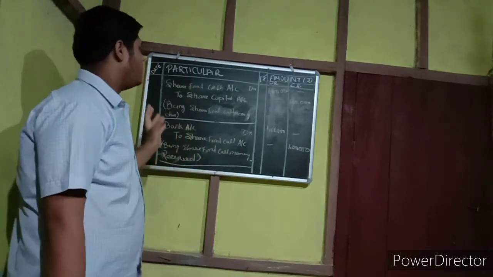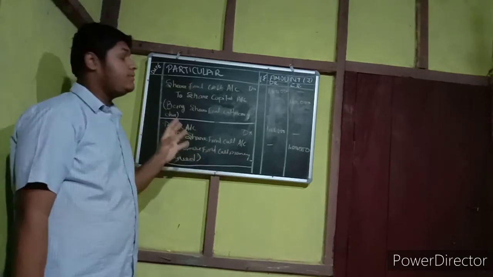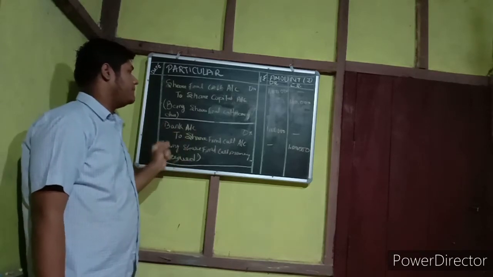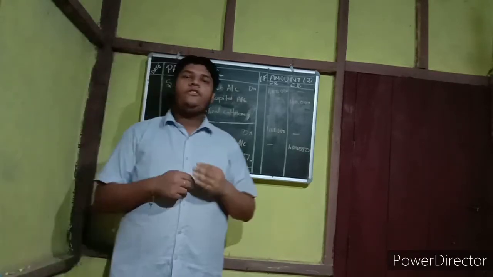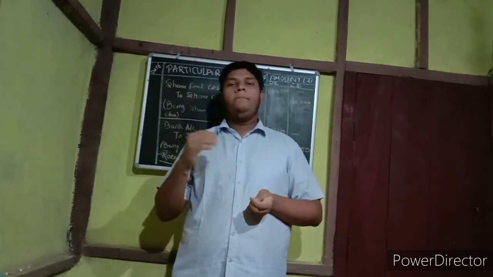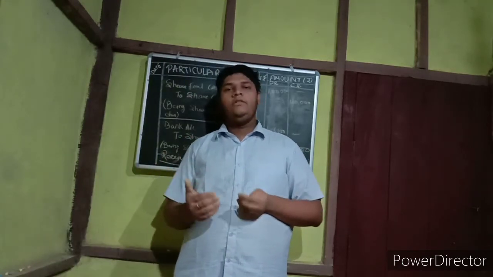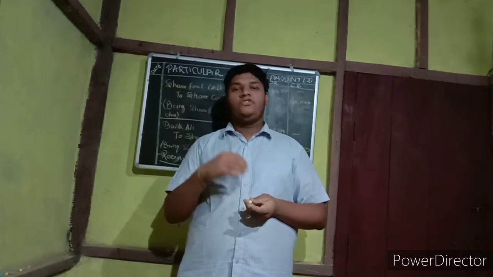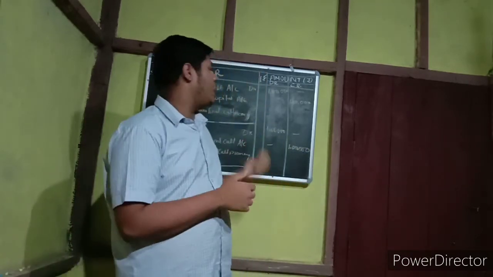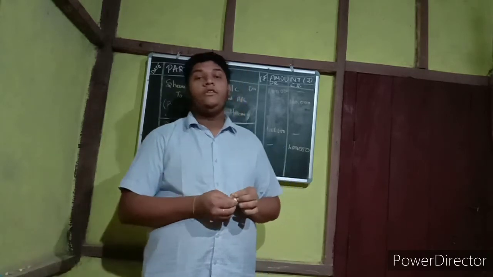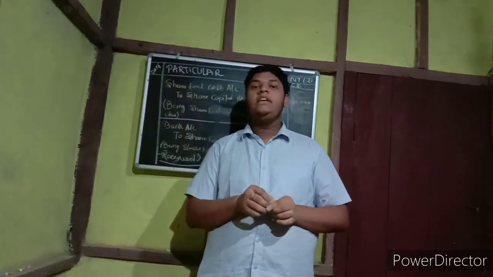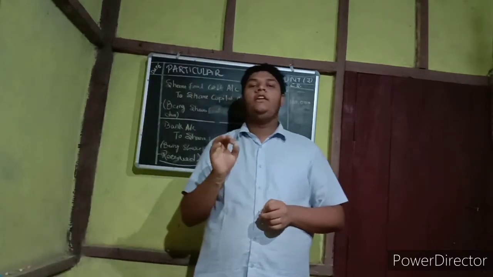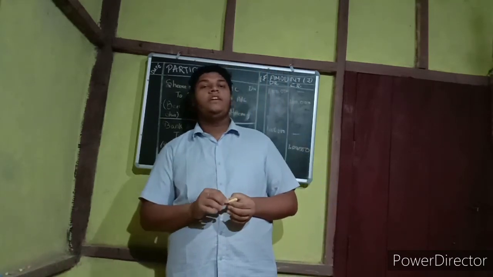So this is the overall journal which you have to study in class 12 to solve this chapter. At first we do the application, where bank account debit to share application account, then share application account debit to share capital account. Then we go to allotment, that is share allotment account debit to share capital account, which is a due entry, then bank account debit to share allotment account, which is the receive entry.